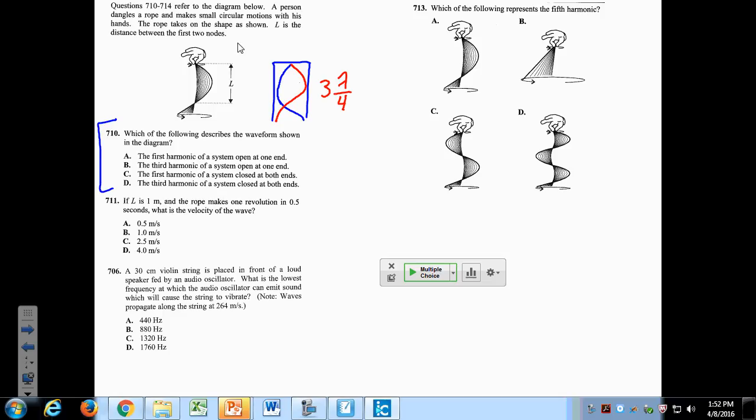All right, let's try 711. If you do that one, go ahead to 706.